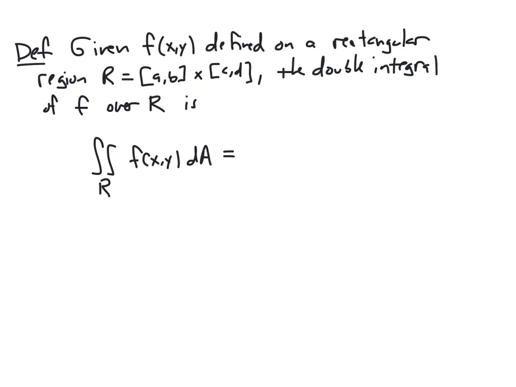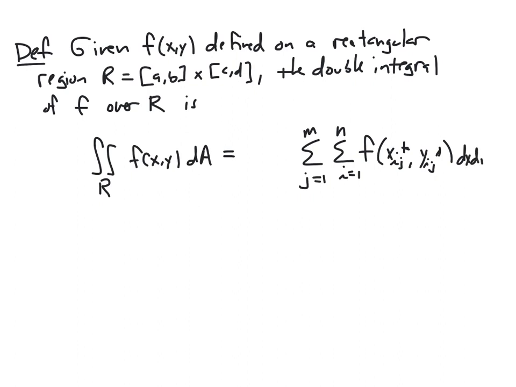And the definition of this is of course pretty confusing because we have a double sum. So we're going to start with that sum I wrote down earlier, the sum j equals 1 to m, the sum i equals 1 to n of f of x_ij star, y_ij star, dx dy. And this is our sum of the columns.